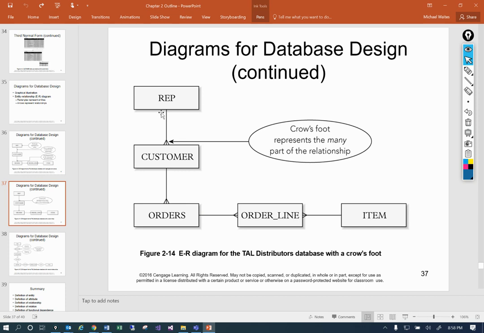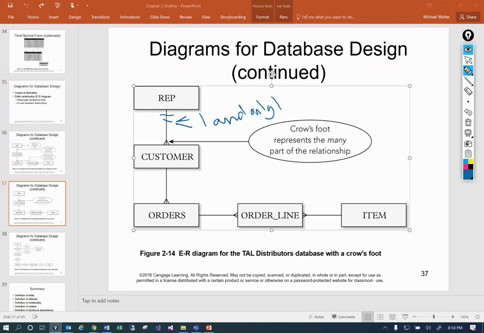If you see two lines, this means there has to be one and only one item. This says one and only one item to many. This means many. Now, if we have, let's say, a line above the many, like that, this means one to many.